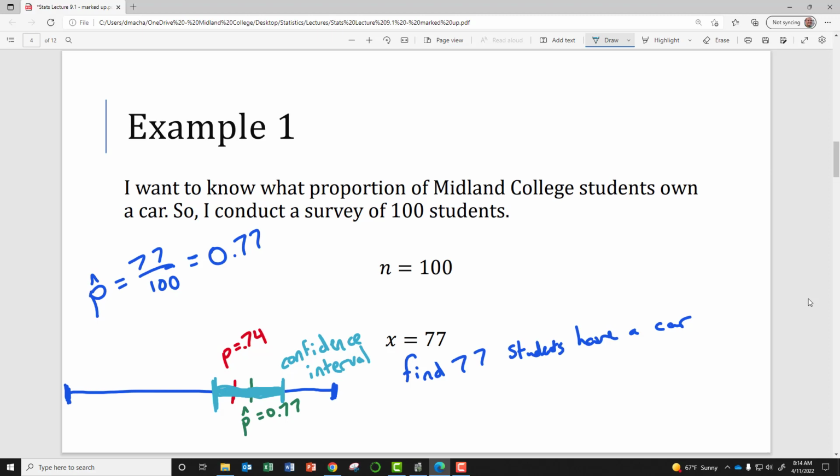And that's what we're going to talk about today: how do you determine the width of this confidence interval? Or how do you determine the lower bound and the upper bound of a confidence interval after you've already calculated the sample proportion? Because given this data, the x and the n, it's really easy to calculate the sample proportion, right? You just divide x by n. But now we're going to do a little bit of real statistics.